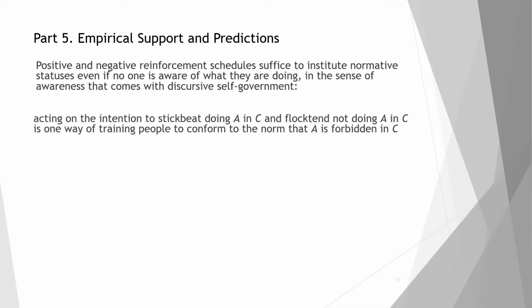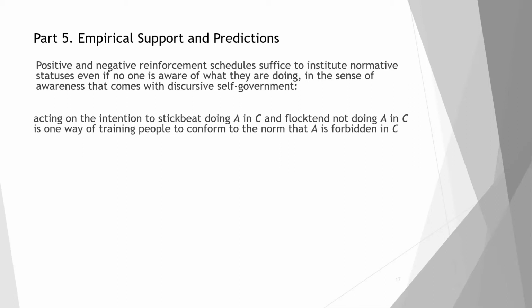So stick beating and flock tending are just negative and positive reinforcement. So acting on the intention to stick beat doing A in C and flock tend not doing A in C is one way of training people to conform to the norm that A is forbidden in C. And similarly for norms about what's obliged and what's permitted.